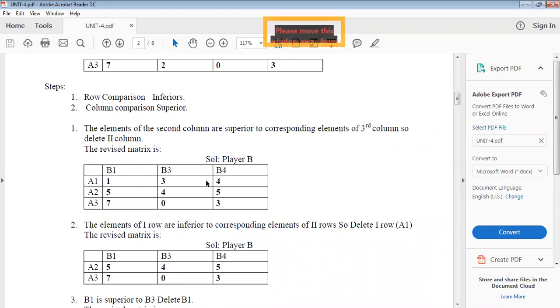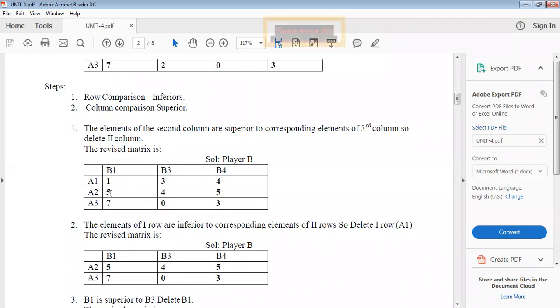If you compare the first row and the third row, the second row is superior to the first row. Therefore, the first row is inferior to the second row. But the first row is not inferior to the third row. You cannot compare it with the third row. In the third row, 0 is lesser.